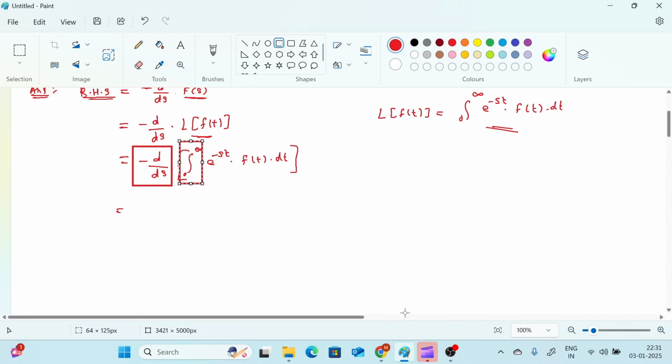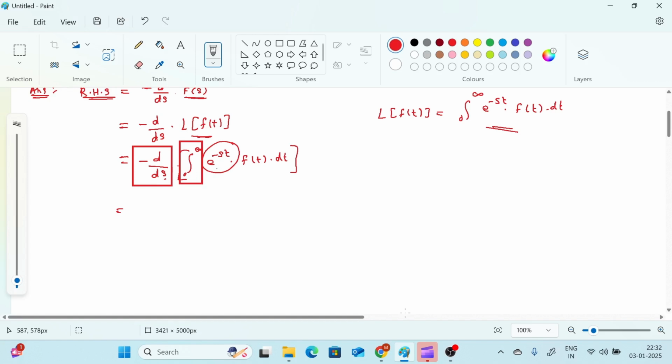What do we have to differentiate? d by ds means with respect to s, because here we have the term e raised to minus st. So we have to differentiate this exponential term e raised to minus st.